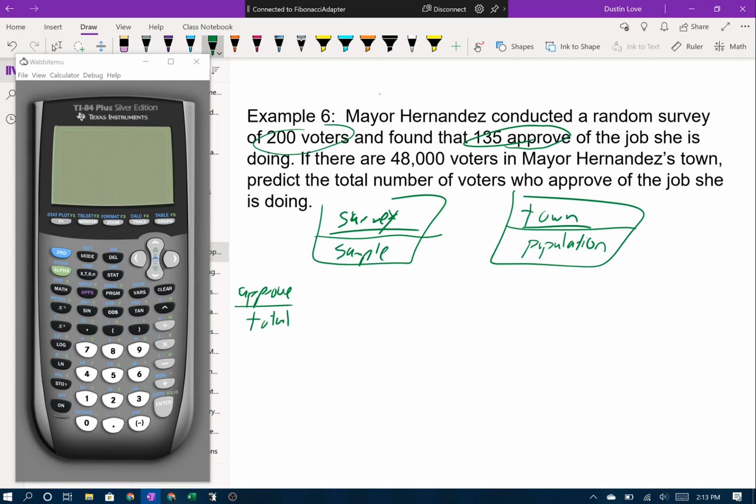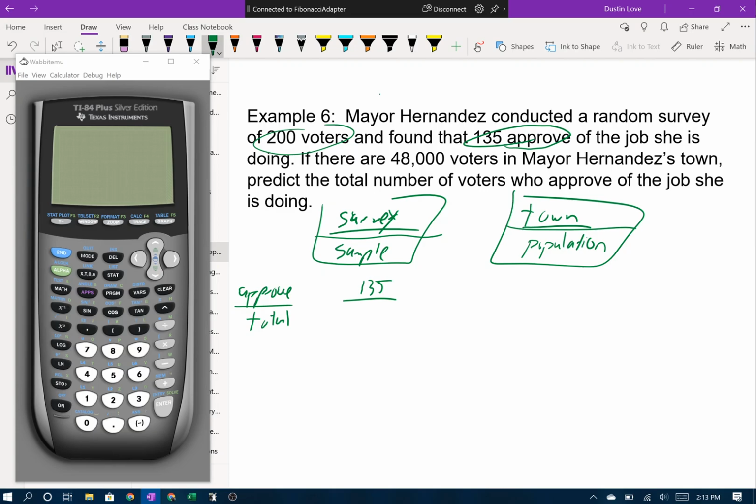In the sample, how many are there total? 200. In the town, how many people approve of her? We don't know. We're going to use an X there as our unknown. How many people are there total? 48,000.